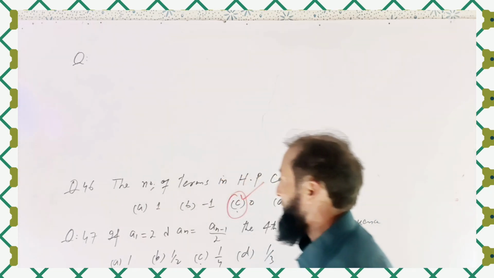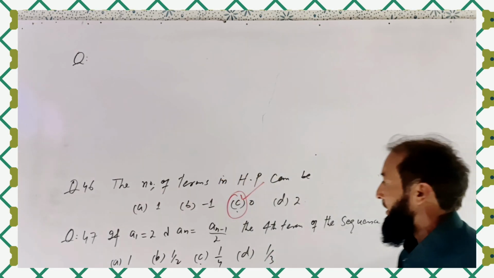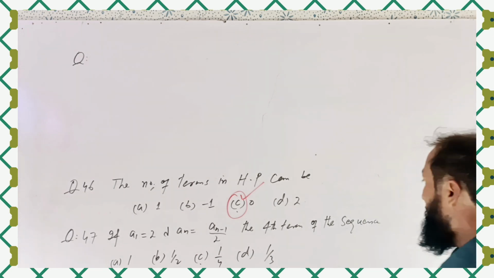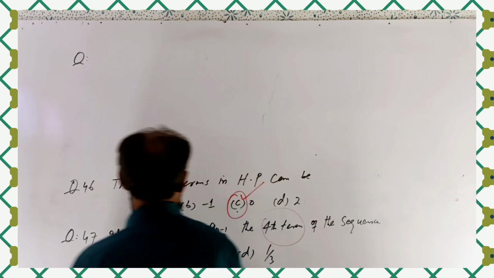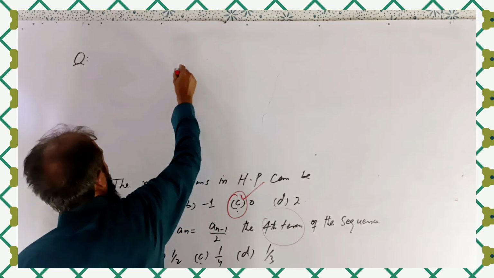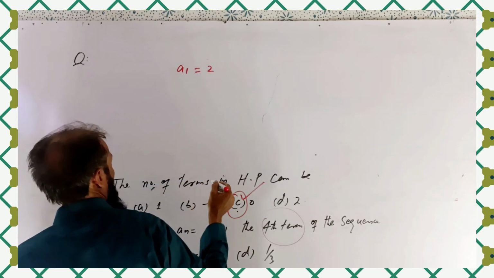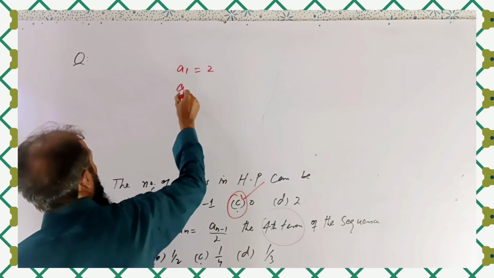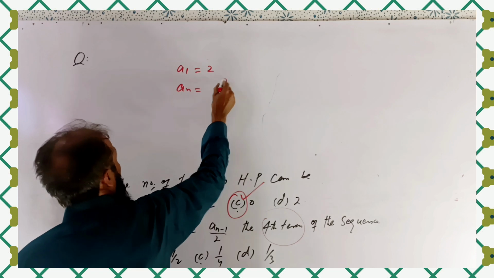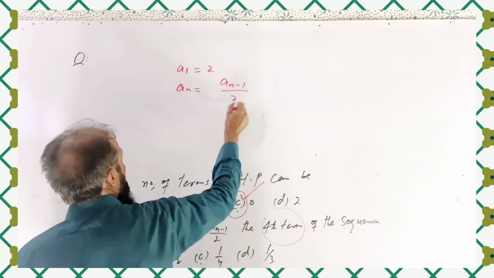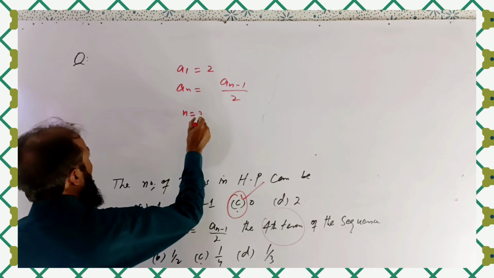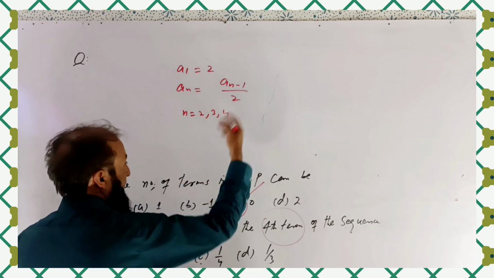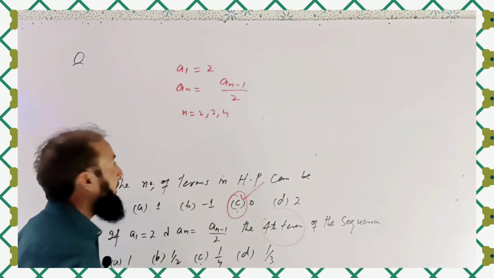Similarly, question number 47. The first term a1 and the general term are given, and the 4th term is also required. Look here, the first term a1 is equal to 2 and the general term is given, an is equal to an minus 1 divided by 2. If we replace n with 2, 3 and 4, just like the previous question we have done already.